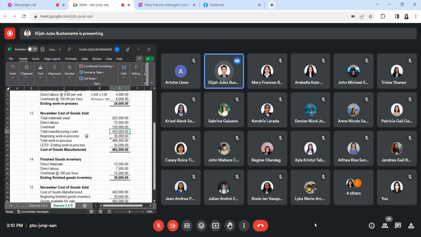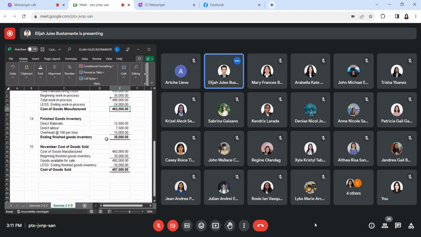And then we added a beginning work in process, 36,000, which gives us the total work in process, which is 486,000. Then subtracted it with the ending work in process of 24,000, giving us a total value of 462,000 for the cost of goods manufactured. So for number 14, we're looking for the finished goods inventory.